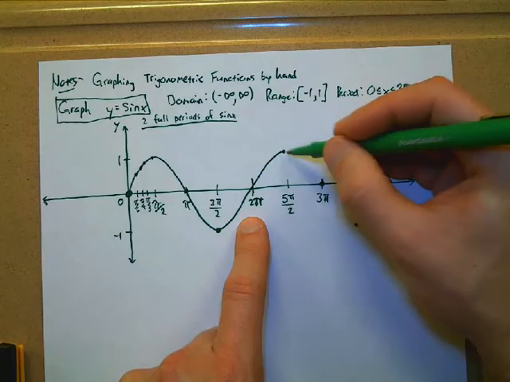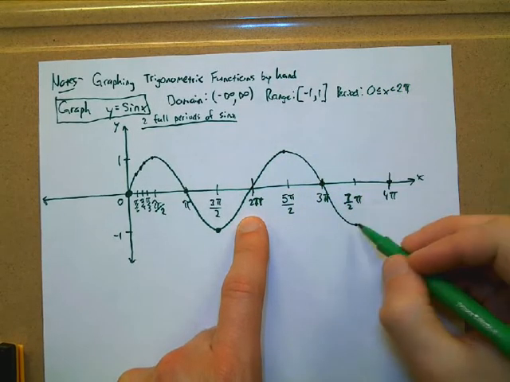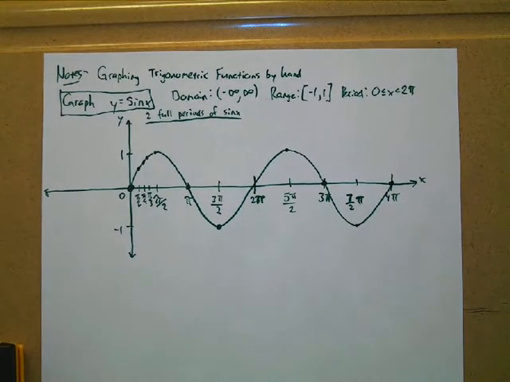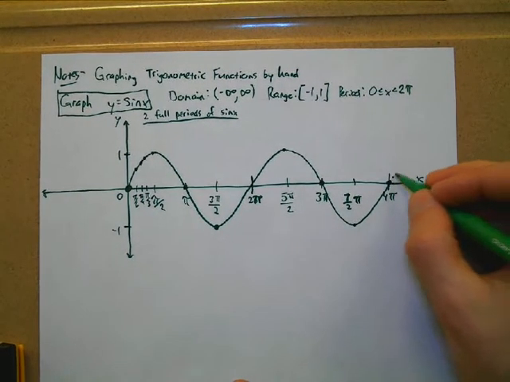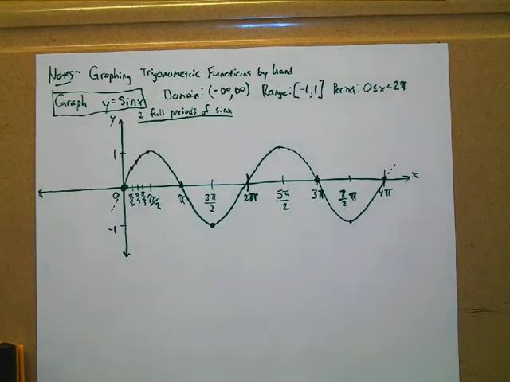I understand that it keeps going, so I like to put some dotted lines at the end to show that it keeps going. And so there's sine of x. Questions on any of that?